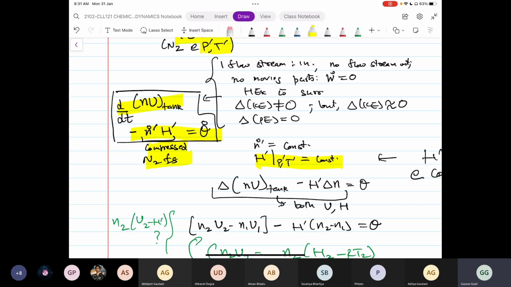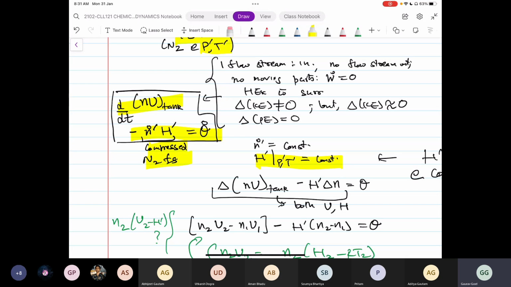If you look through our simplification of the energy balance, some of the things we have ignored, like kinetic energy change and potential energy change. There are no moving parts, so work is zero. The thermodynamic state of the tank, as well as the extensive state, because moles are flowing in, is changing because of two factors.